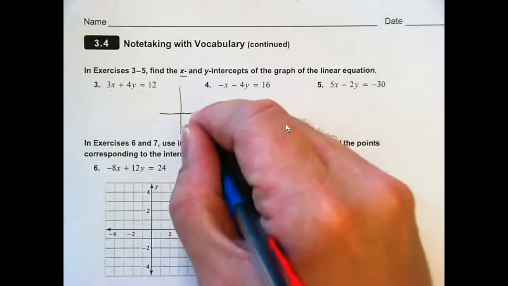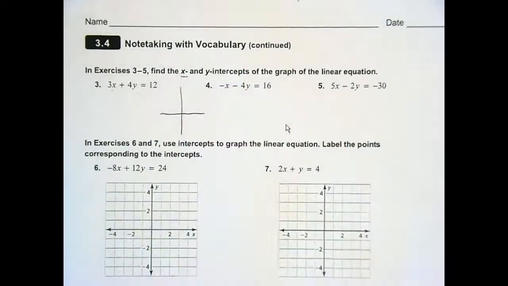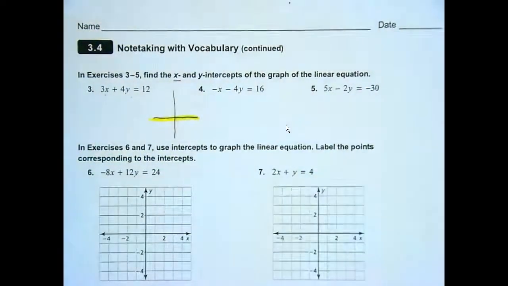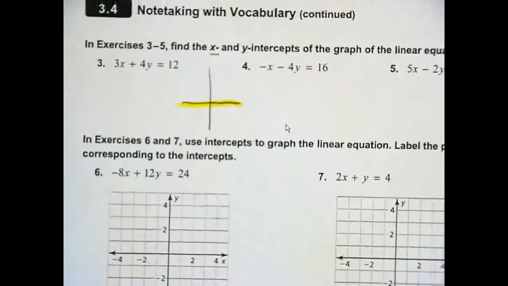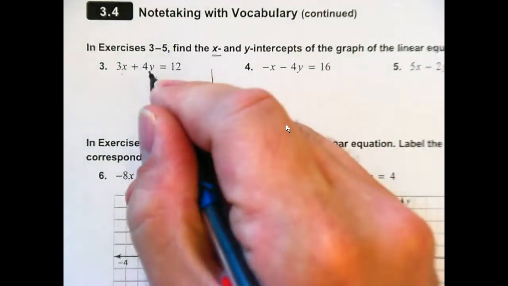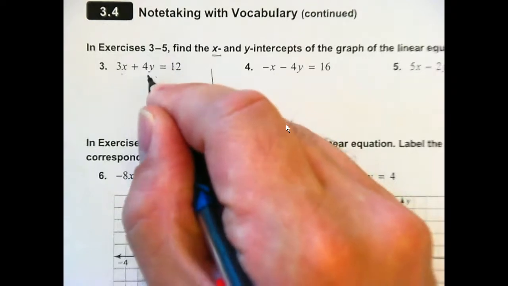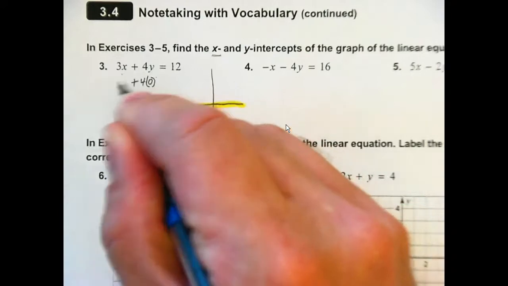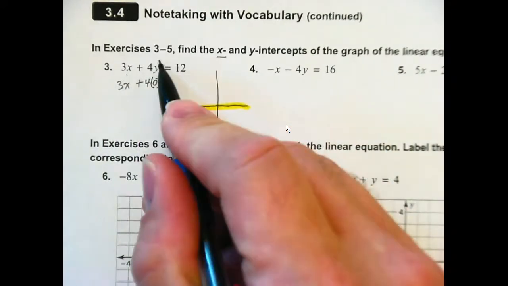If I'm crossing the x-axis somewhere on this line, what does y have to equal? 0. So to find the x-intercept, I need to plug what in for y? 0. When I plug 0 in for y, what happens to this piece of my equation?